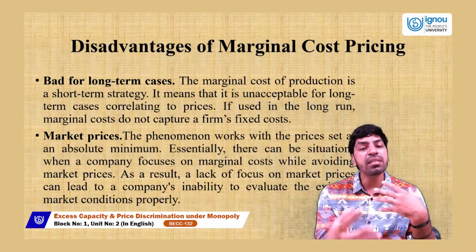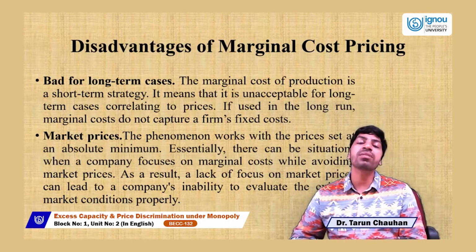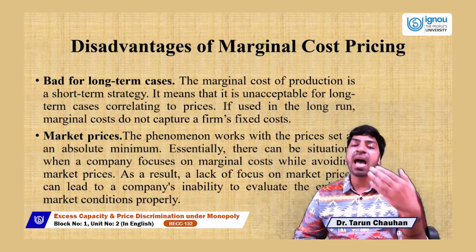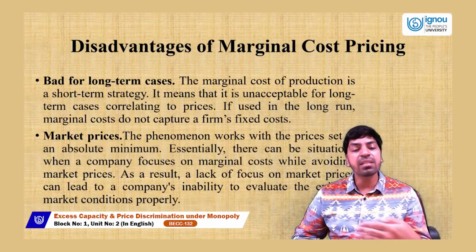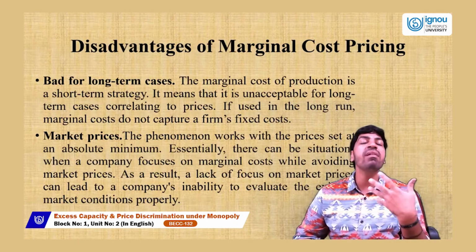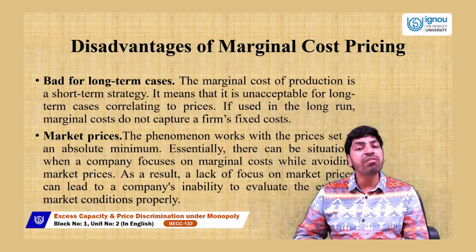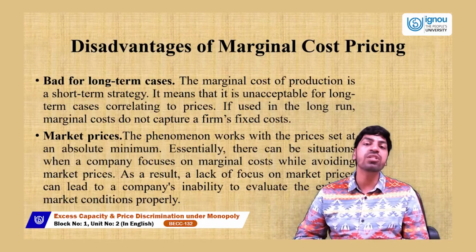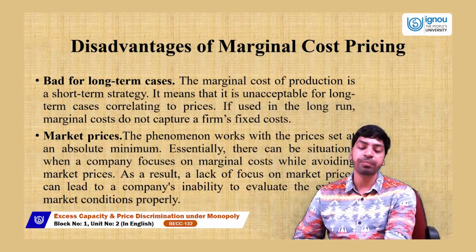But in some situations, if the firms focus only on the marginal cost and ignore the market prices, the resulting lack of focus leads to the company's incapability to evaluate all of the market conditions carefully and properly. So that is also one of the disadvantages of marginal cost pricing.